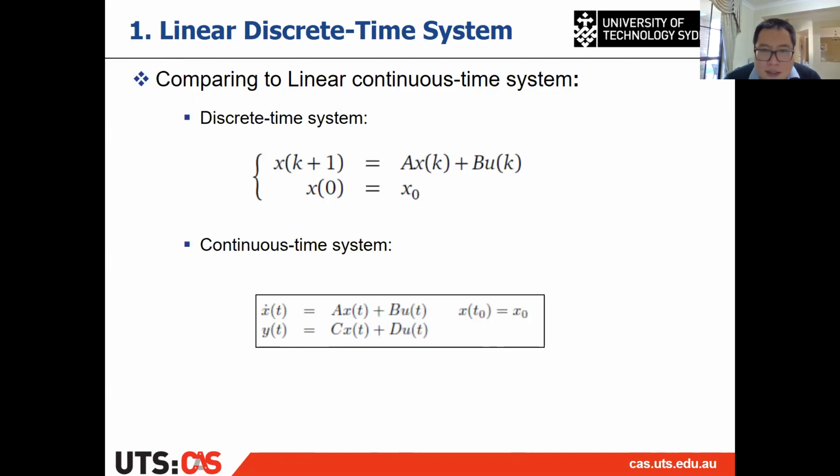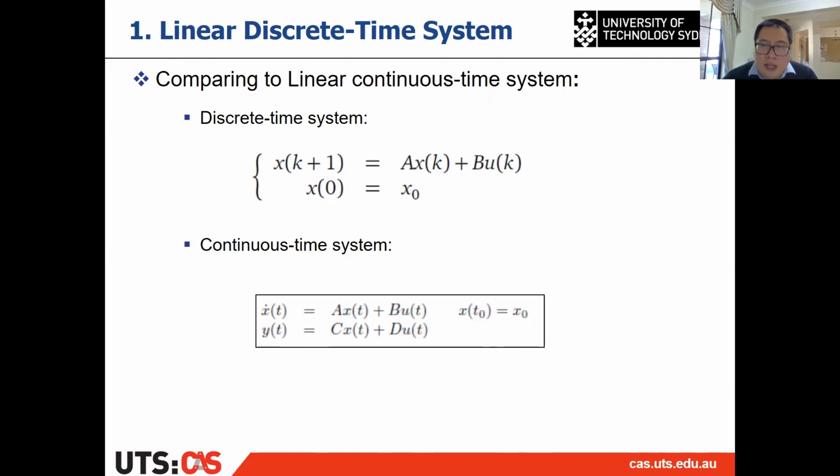The second difference is that it uses t in the continuous time system, but it uses k and k+1 in the discrete time system. Which means it uses time, which is continuous, in the continuous time system, but it uses the time step k instead of time in the discrete time system.